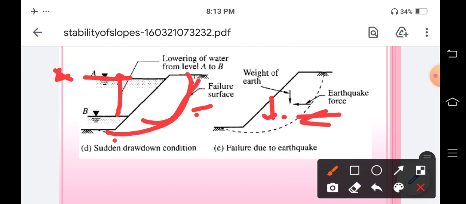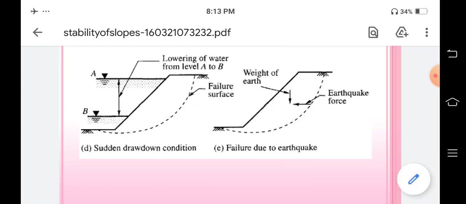Due to the impact of the vibration, the soil sample which is in a compacted condition gets loosened into small particles and slides down in the downward direction. Okay, these are the various causes due to which a slope fails.